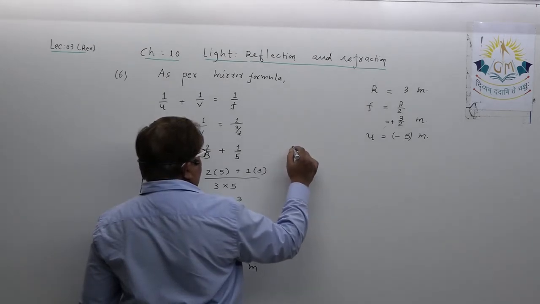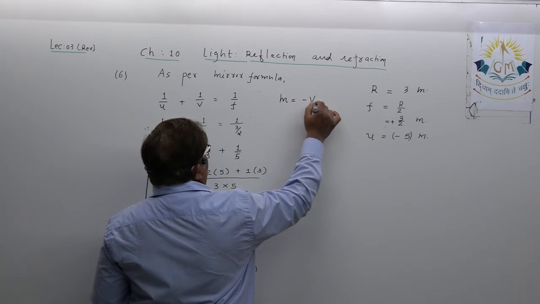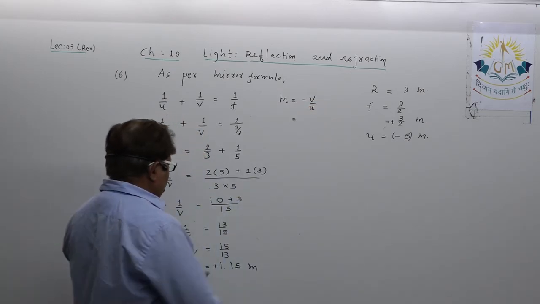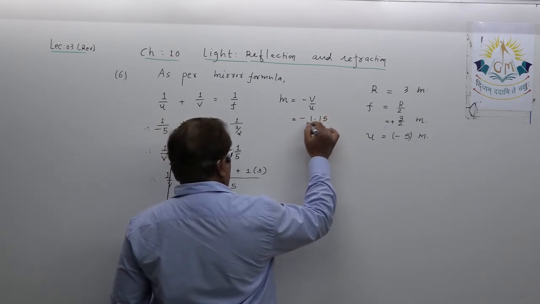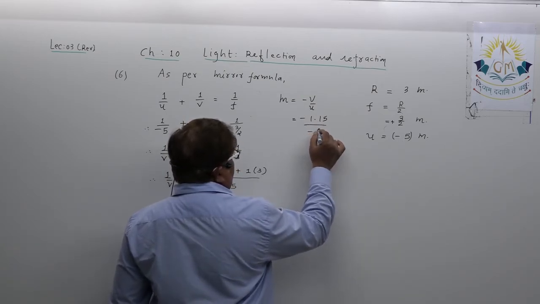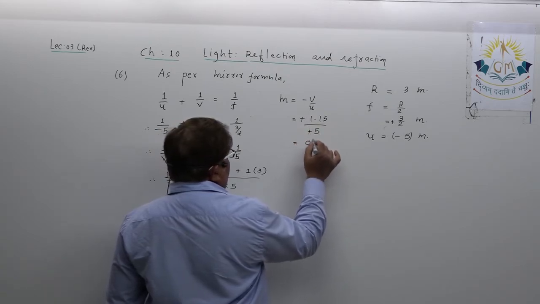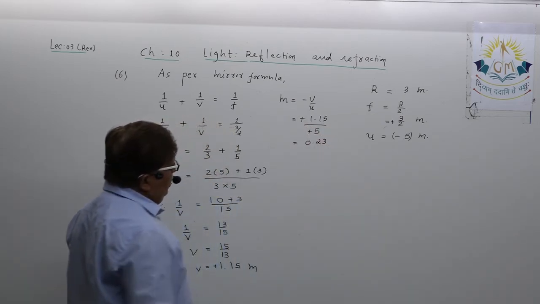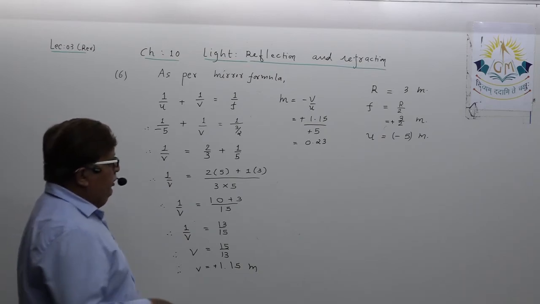So let us continue here. M equals minus v upon u. v is 1.15 upon u, that is minus 5, minus minus plus, if you take this way, 5 twos are 10, 5 threes are 15. Okay, it turns out to be 0.23.